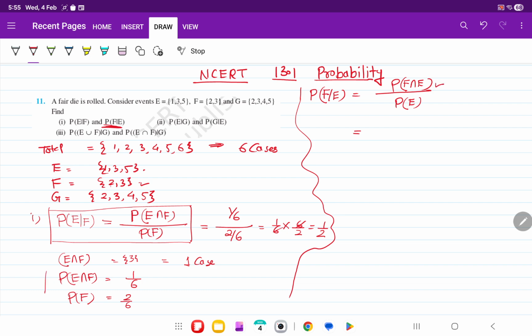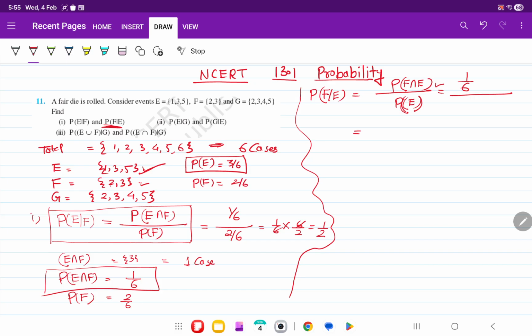It is 1 by 6 divided by the probability of E. E event is this. So what is the probability of E? Let me write it here. P(E) is 3 by 6, correct? Because there are 3 cases. Probability of F, only for F, is 2 by 6, because there are 2 cases out of 6.